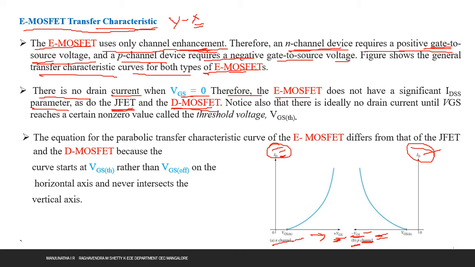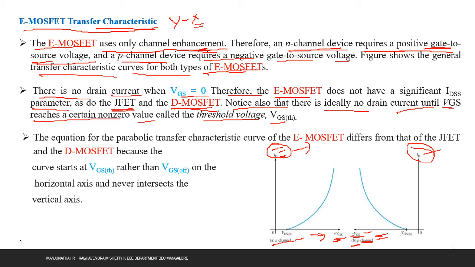What we have to notice here is that there is ideally no drain current until VGS reaches a certain non-zero value called the threshold voltage. When VGS is equal to 0, we cannot expect the drain current. And as soon as we start giving a VGS, positive for N channel and negative for P channel, we still cannot expect ID.